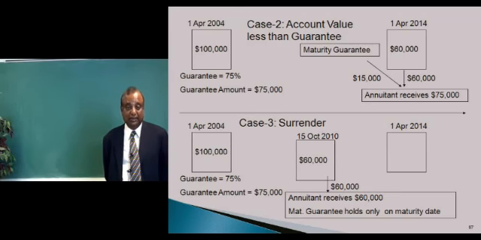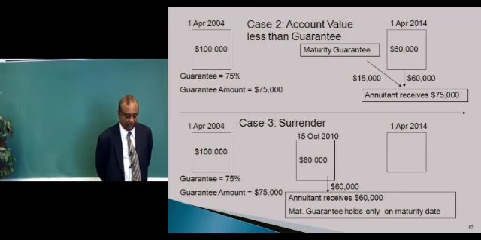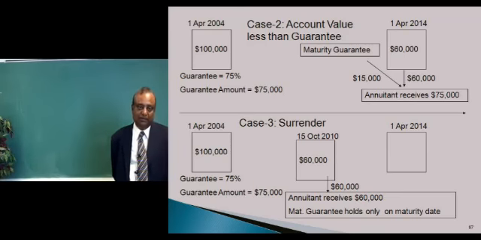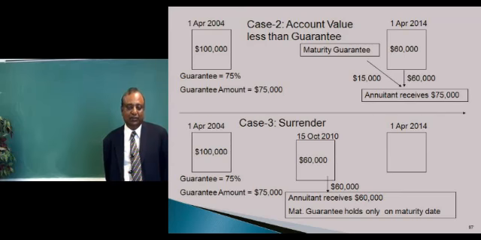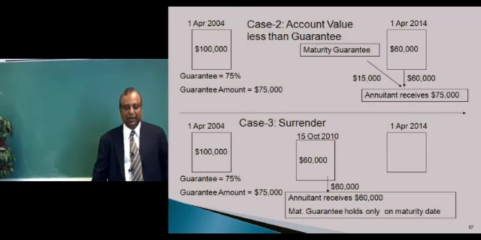So in this case, there is $60,000, so he will receive a maximum of $60,000. There is no guarantee in between. The maturity guarantee holds only on the date of maturity and after, not before. If the account value had been $150,000, he'd have received $150,000 maximum. Of course, these amounts will be reduced by penalties and charges because he's breaking a contract. But leaving that aside, he gets $60,000.